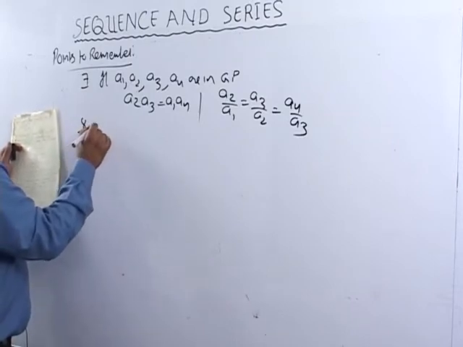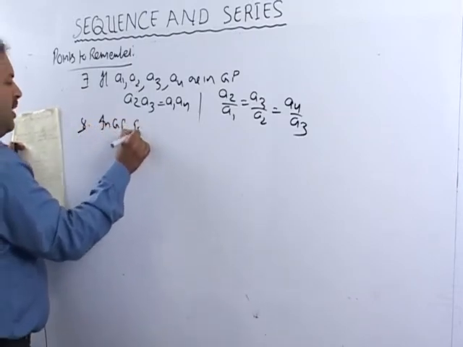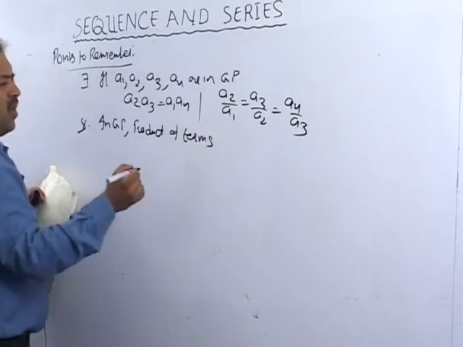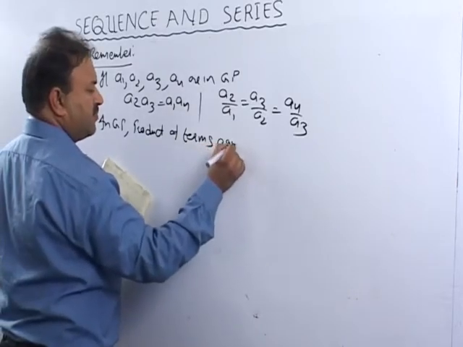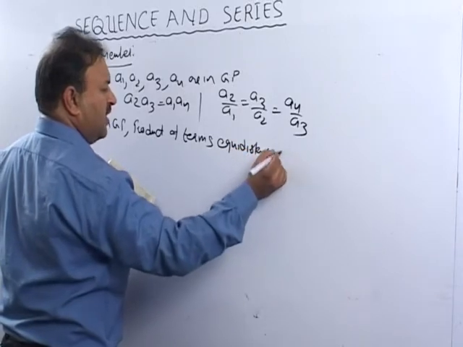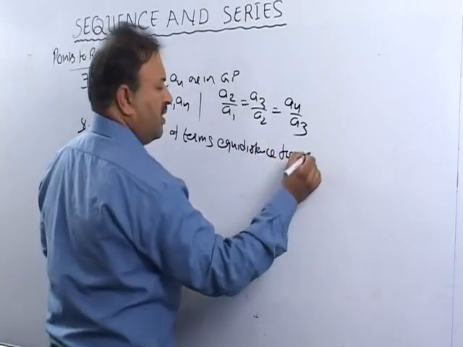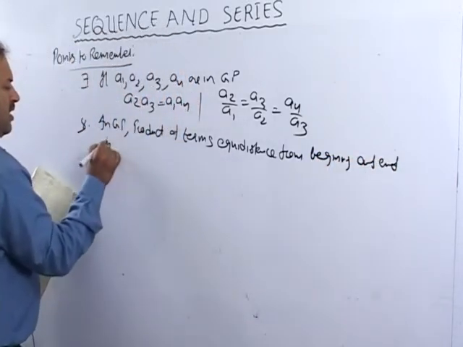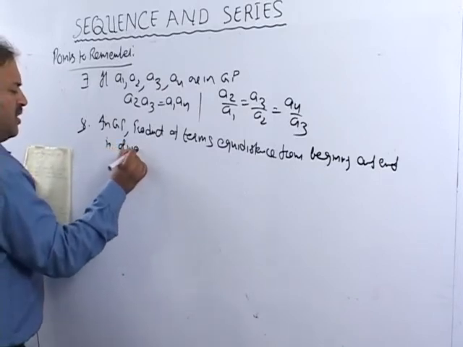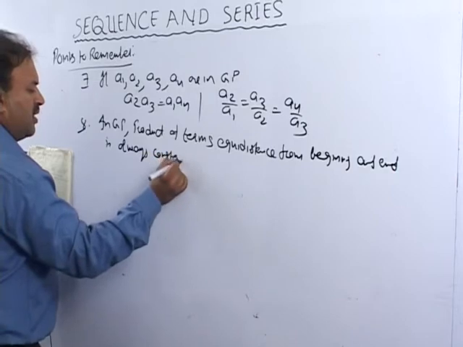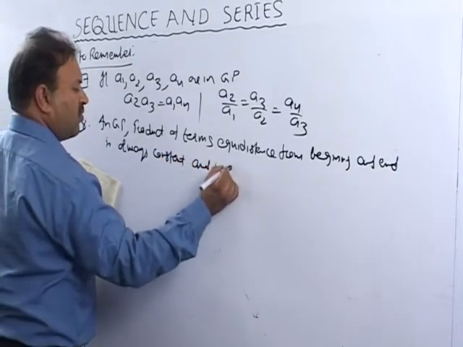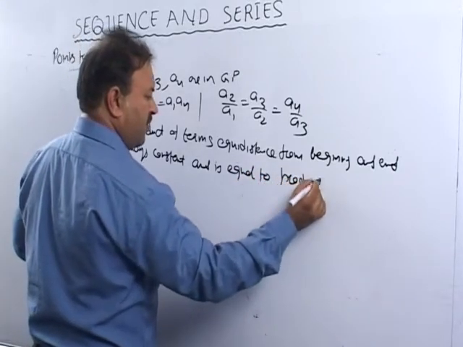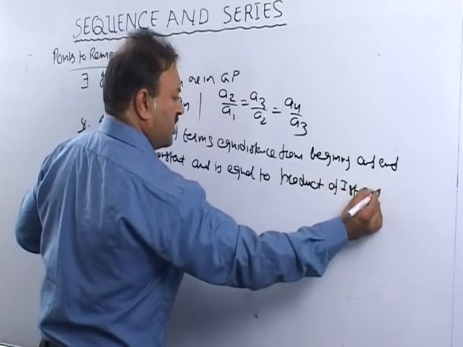Then the next point is point number 8. In a GP, the product of terms equidistant from the beginning and end is always constant, and is equal to the product of the first and the last term.